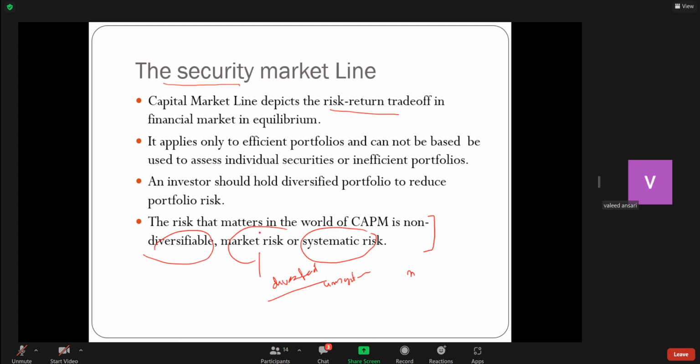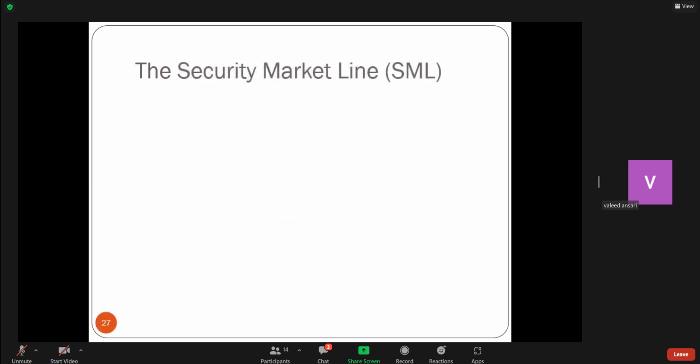That is why the security market line, and in its world it is known as beta, which is nothing but the slope of the regression line, where we take market return as the independent variable and the security's return as the dependent variable. I will explain to you how we arrive at this.